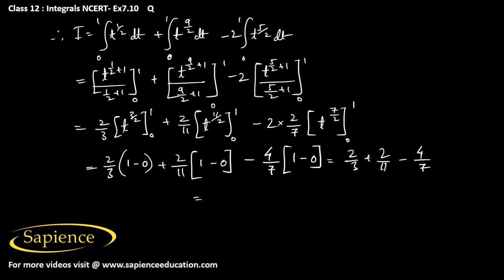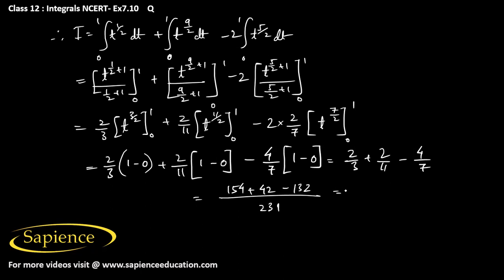Then if we take the LCM, it will be 231, that is 3 into 77. 77 into 2 is 154, plus 11 into 21 is 22 into 21, that is 42, minus 4 into 33 is 132.